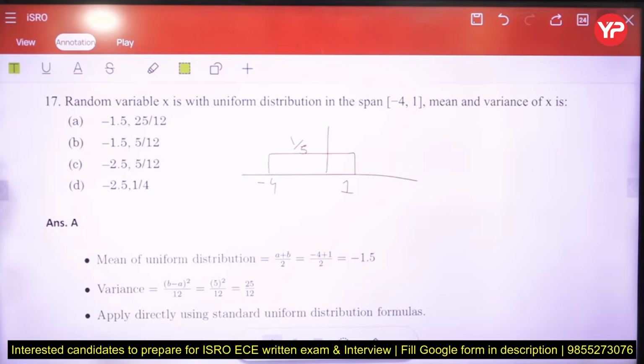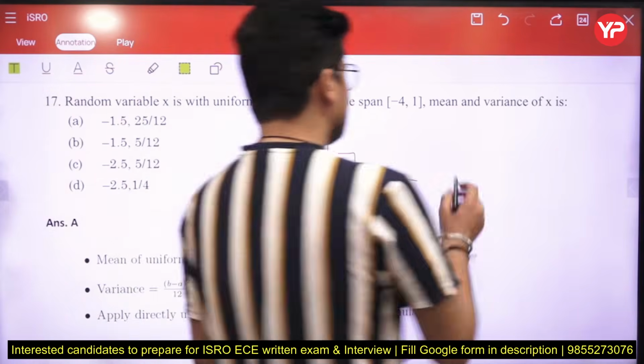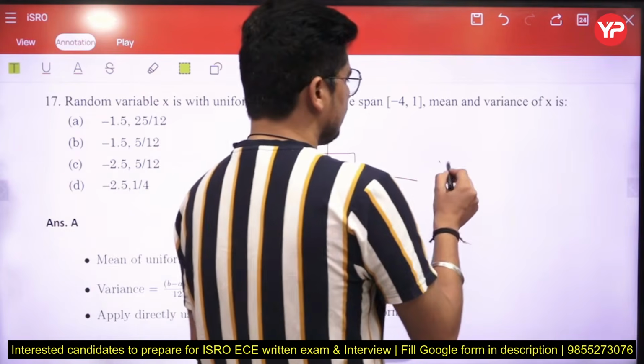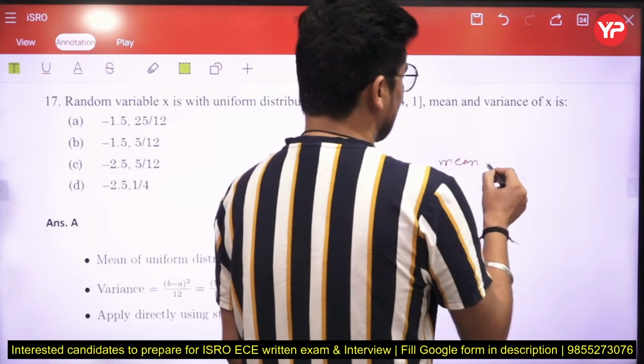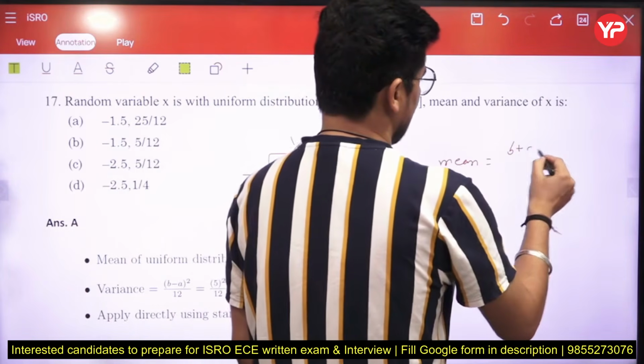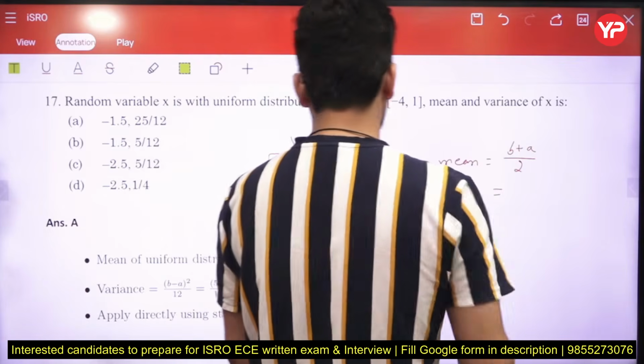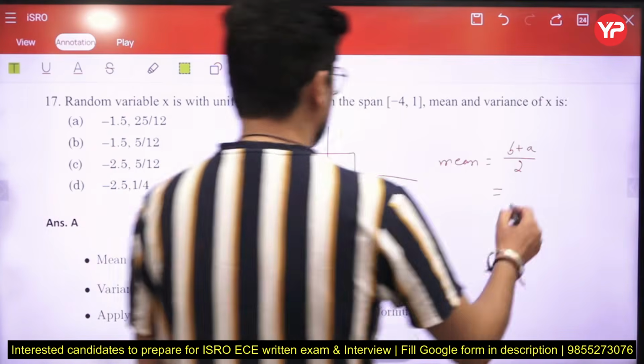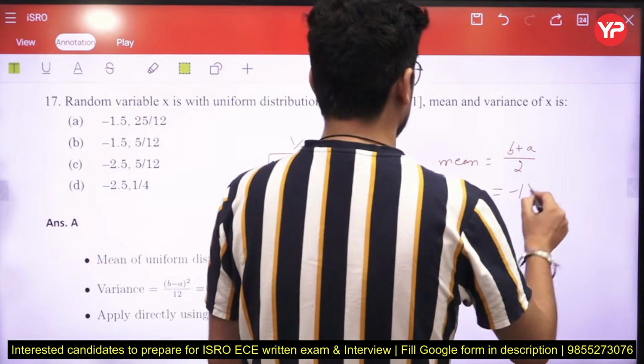He is asking about the mean. So whenever you are calculating the mean, let us take, this is A, this is B. The mean of a uniform random variable is (B plus A) divided by 2. So whenever we add these two, that is -3 by 2, so mean is going to be -1.5.